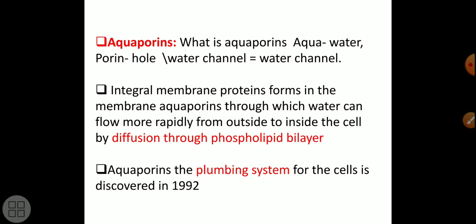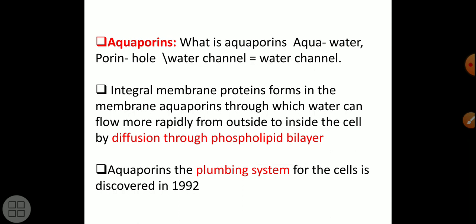Today we are studying the aquaporin, which is located in the plasma membrane, and the function of the aquaporin is the rapid flow of water from outside to inside the cell by diffusion through the phospholipid bilayer.